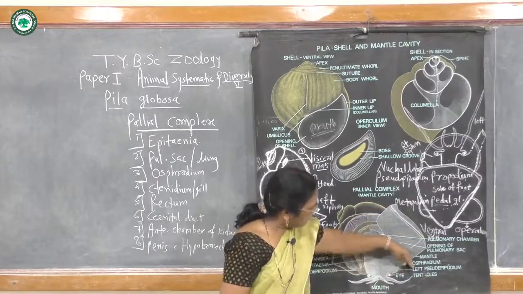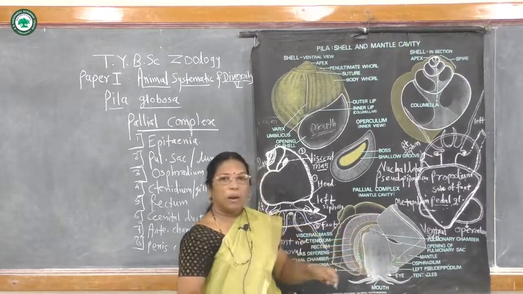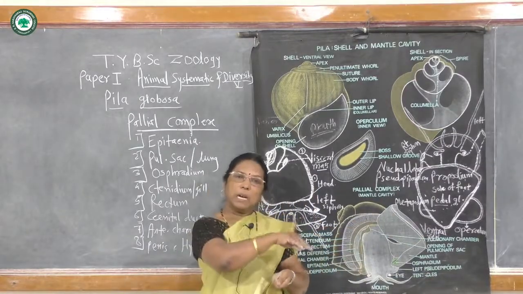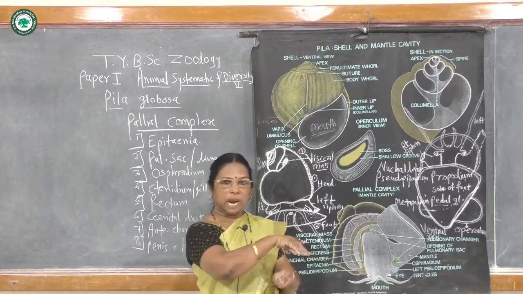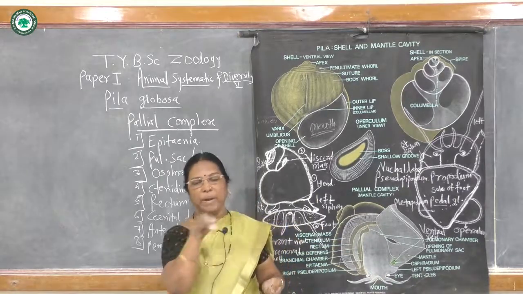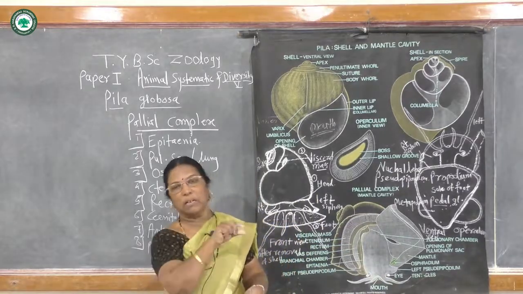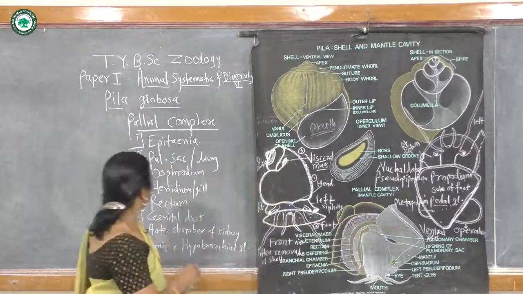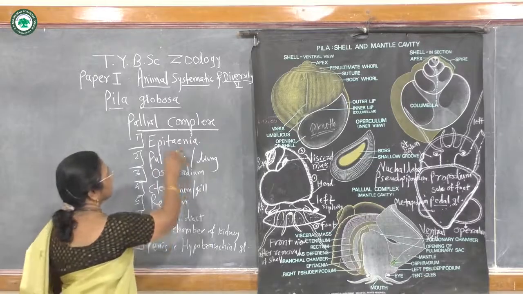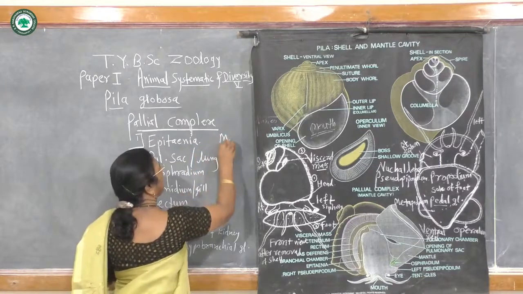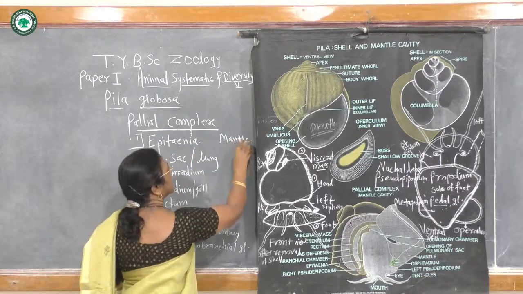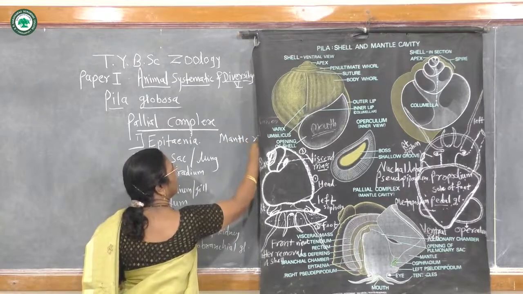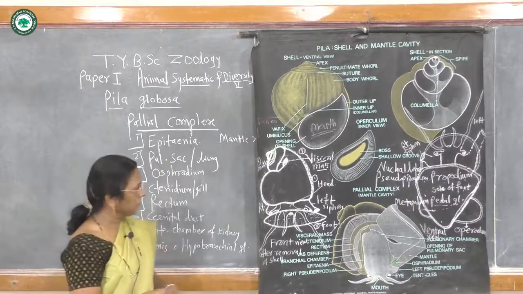Anteriorly, this mantle covers the head region and shows a thick pigmented wall or a thick ridge. It is called the mantle ridge.